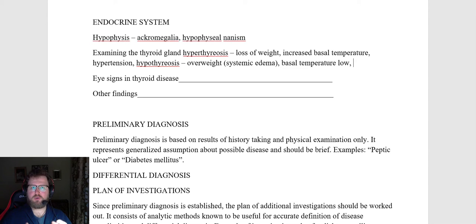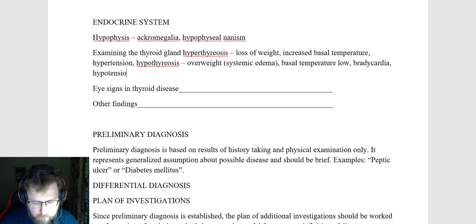Another very important sign of hypothyreosis is bradycardia, and opposite to hyperthyreosis, hypotension. Also, patients with hypothyreosis have a very specific view of their face that's described in specific manuals and literature, so we won't stop on that. What you have to keep in mind in those paragraphs is that you have to differentiate hypothyreosis and hyperthyreosis.